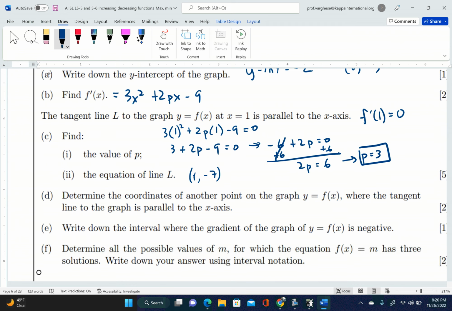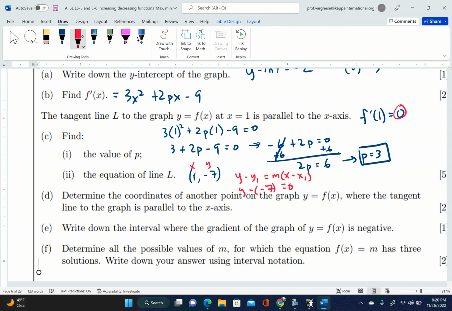I'm going to use that to help me figure out the equation using my point-slope formula. So let me just go ahead and write it in red. y minus y1 is equal to m times (x minus x1). So I have my x and I have my y. So I have y minus my y1, which is -7, is equal to m. We just found out that the tangent line's slope is equal to 0.